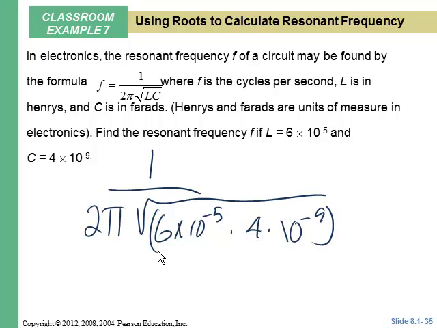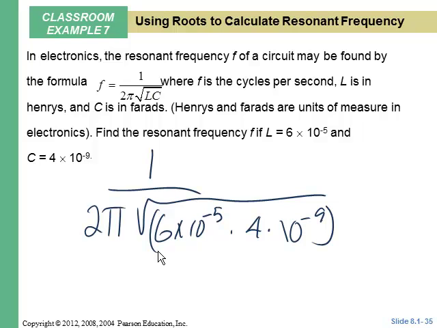So we'll use the exponential key on our calculator. 1 divided by parentheses 2 pi, and then the square root key, so that's second function square root. The parentheses is already open, so it's 6. I'm going to press the EE key, which is exponential on my TI calculator.